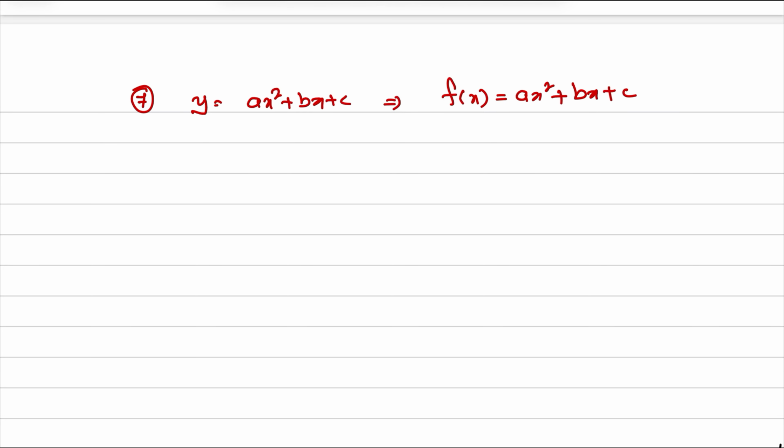If y is equal to ax cube plus bx square plus cx plus d, a, b, c, d values are arbitrary, any value you can take. Don't worry about the values of a, b, c, d. It's a cubic equation.